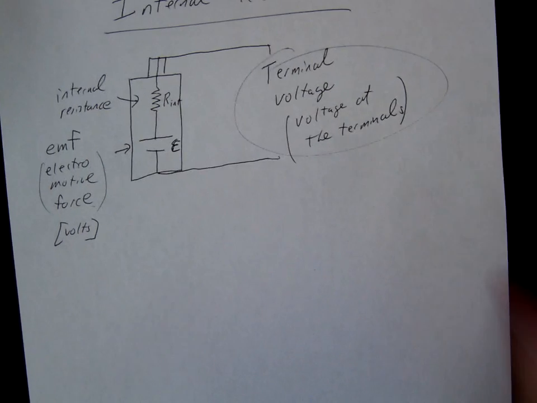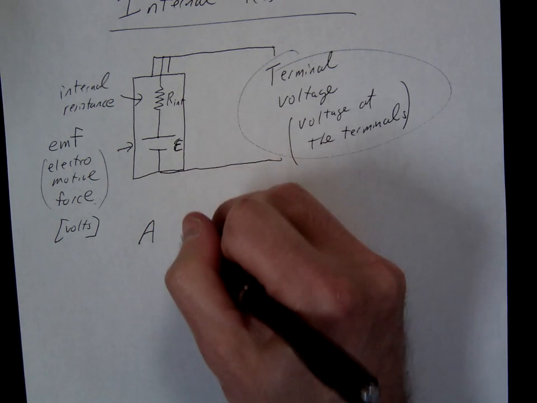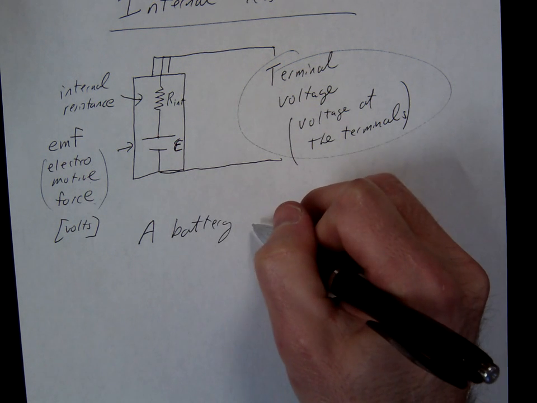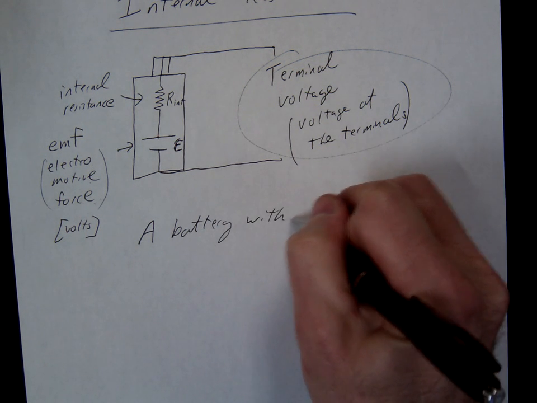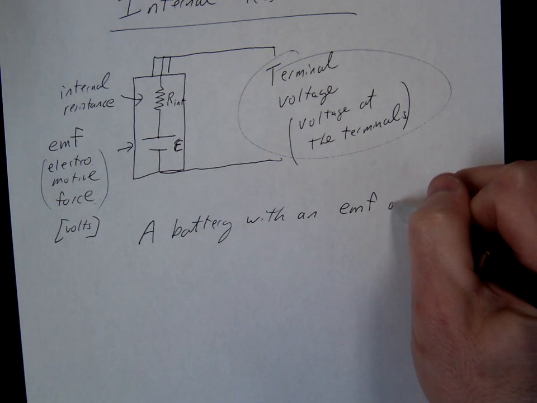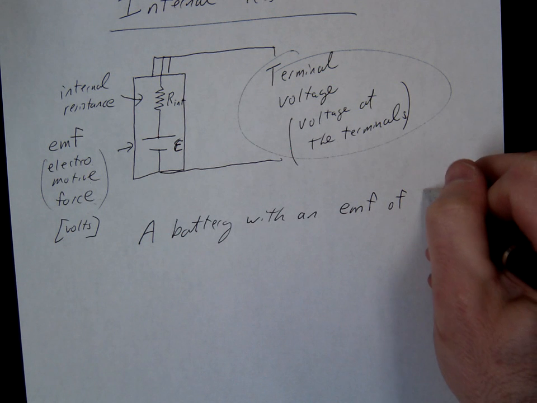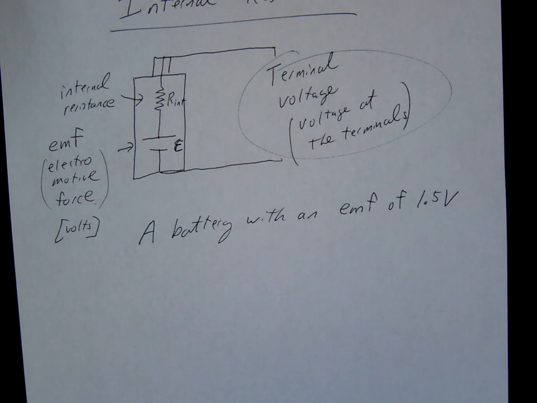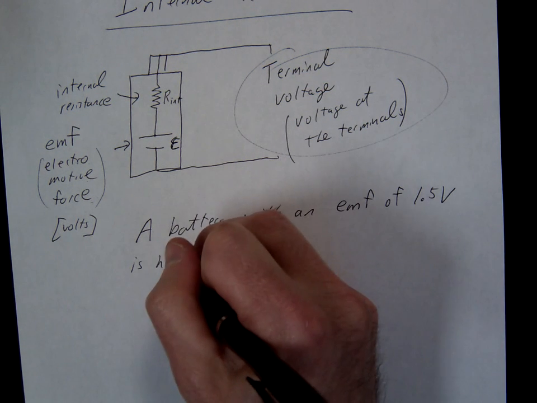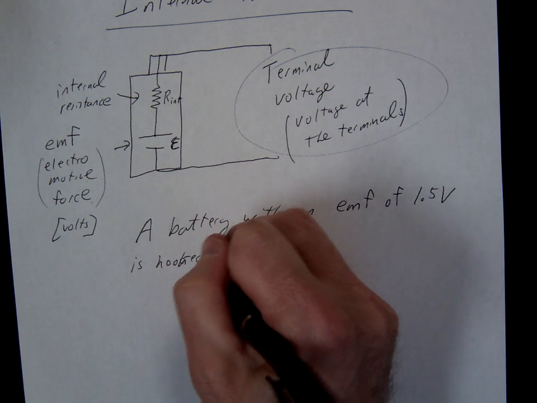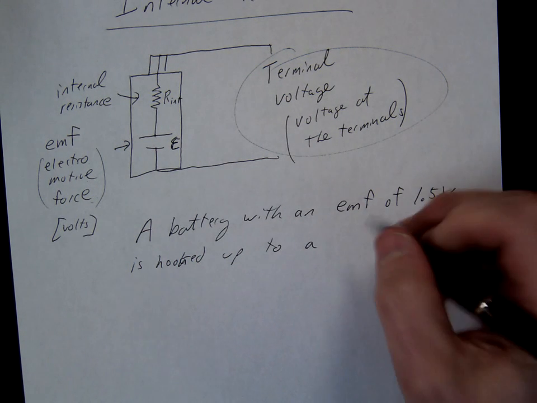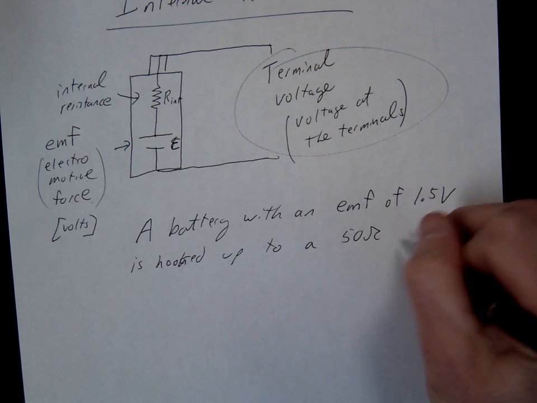So let's say we're going to hook up a battery. Let's say the EMF is 1.5 volts. It is connected or hooked up to, let's say, a 50 ohm resistor.